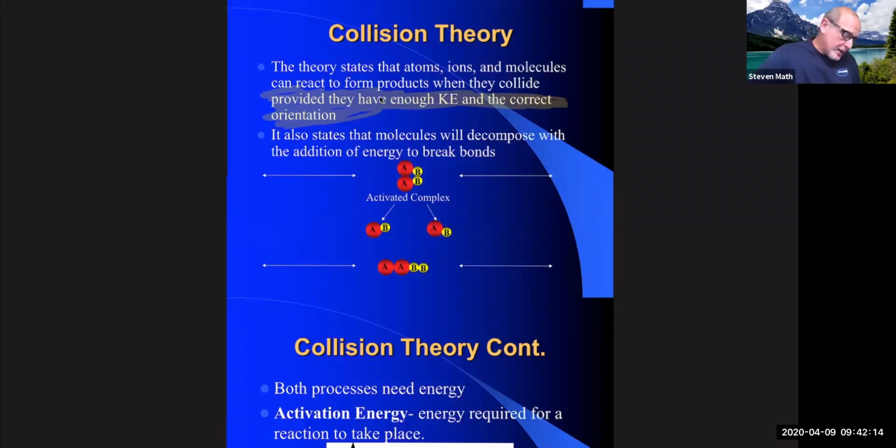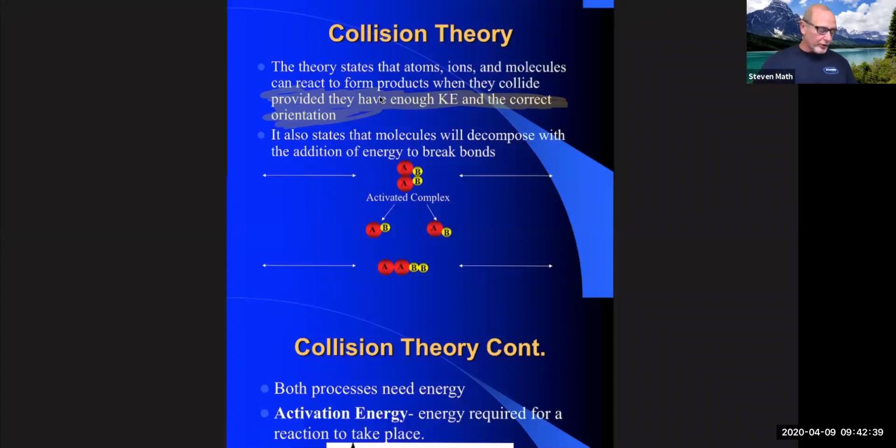It also says we're looking for molecules to collide highly and with a lot of energy. And it also says that molecules will decompose with enough energy to break apart a bond. See, bonds are formed and molecules go to lower energy. And so to break those molecules apart, we would have to put energy in and that would decompose.